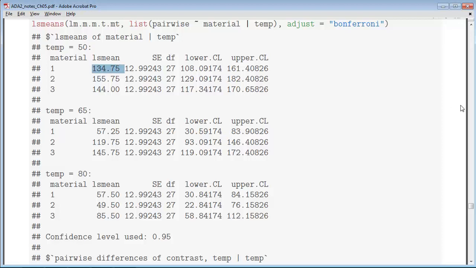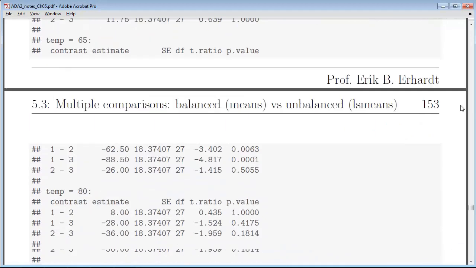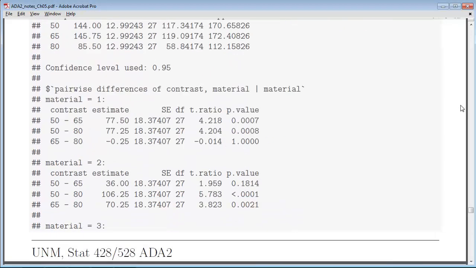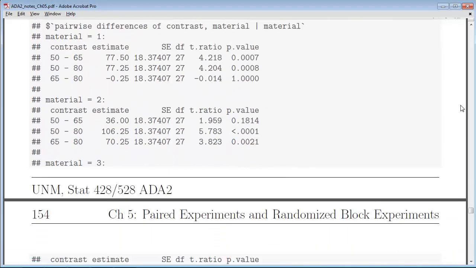Okay, so it's just ordering it differently. What is different is the pairwise comparisons. Here we're asking for material 1, which pairs of temperatures are different. So we have for material 1, 50 is different from the other two temperatures, but not the two highest temperatures.